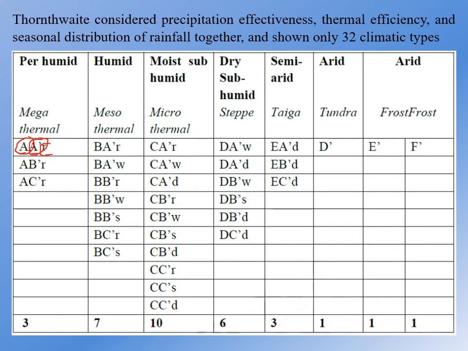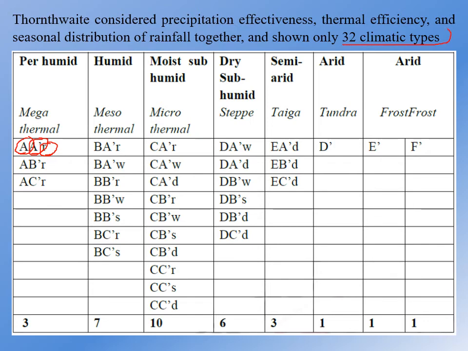And you can see that the tundra and frost conditions are not subdivided into further subdivisions, whereas the other types have fewer subdivisions, and depending on the addition of these subdivisions, you will find that there exist about 32 climatic types in nature.